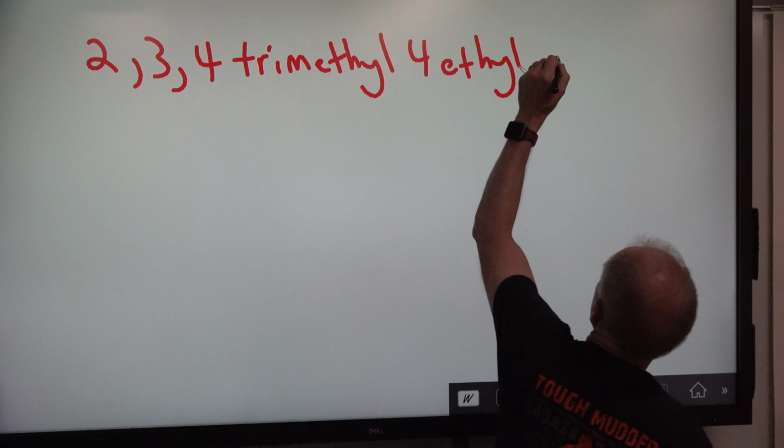Okay, it looks really hard. 2,3,4-trimethyl, 4-ethyl octane. If you're going to build something, the first thing you have to do is build the trunk first. So you have to build an octane trunk, which means 8, and since it ends in ane, they're all single bonds between the carbons.